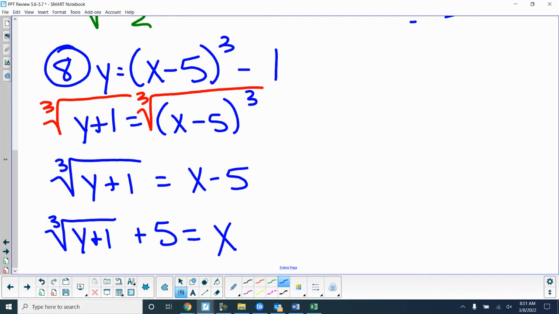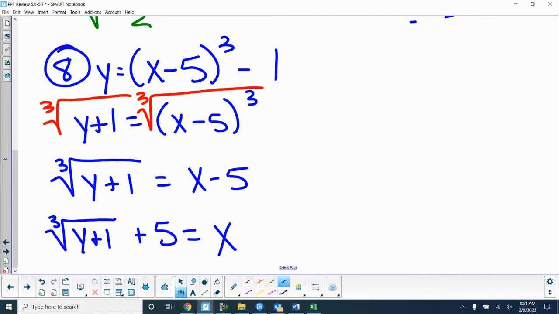If it was just negative 2, it's just a cube root of negative 2 plus 5. It's not a perfect cube, I guess is what I'm saying. If it was like a cube root of negative 8, then we could say it's negative 2 plus 5 and get 3. Right? Maybe that's what I did.